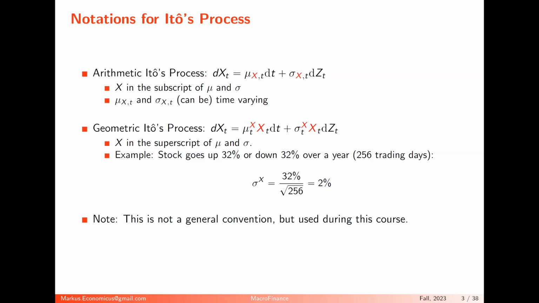Whenever we have not additive but percentage changes, geometric Ito processes, it's multiplied by x, and then we use a superscript x. So mu superscript x times x is mu subscript x. That's just notation, and we mostly exclusively use geometric Ito processes. It's just a notational thing.